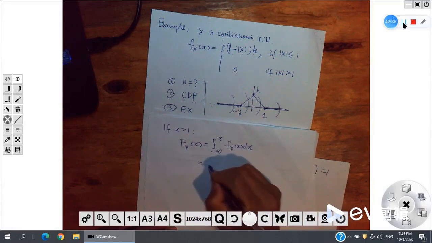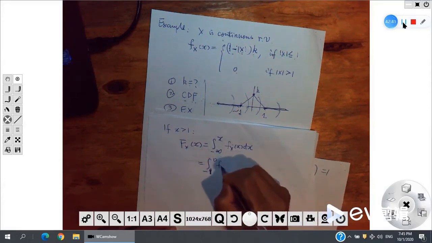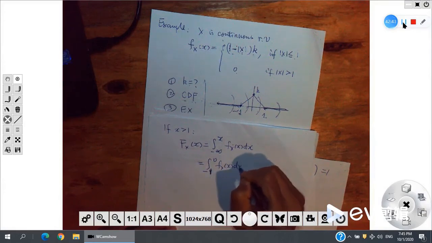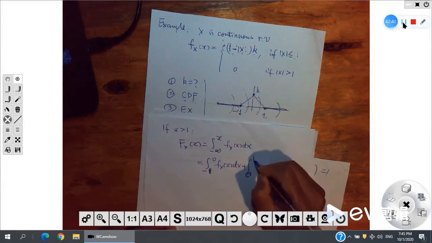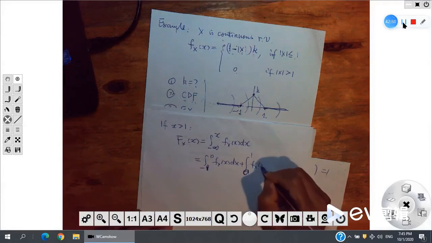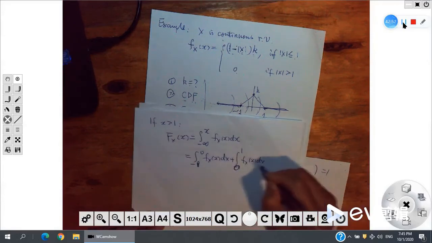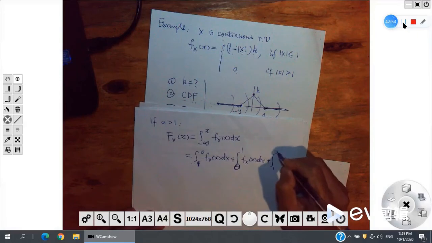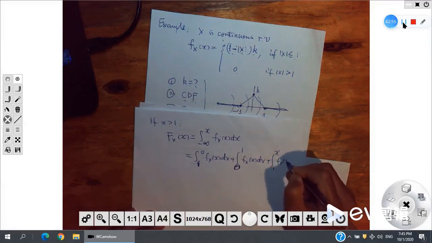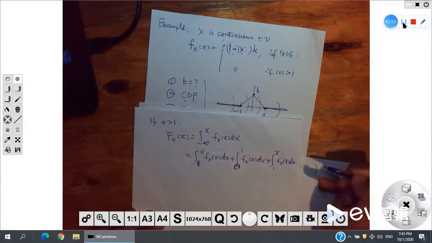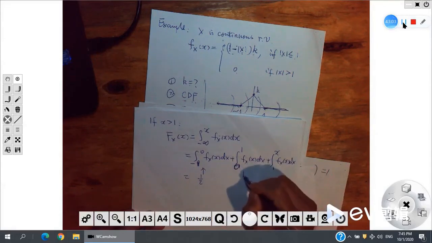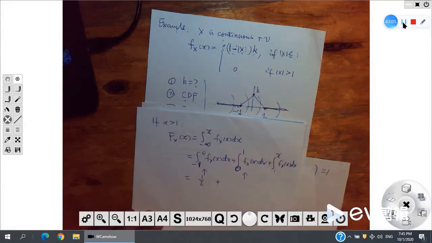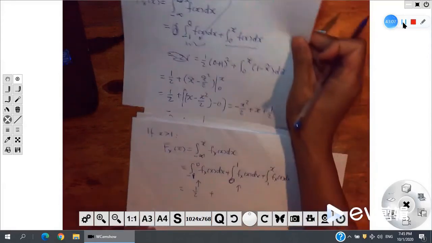There will be from negative 1 to 0 of f(x), plus from 0 to 1 of f(x) dx, and plus from 1 to that x of f(x) dx. Okay, this one we know is 1/2, and this one is what? We just get this, right?